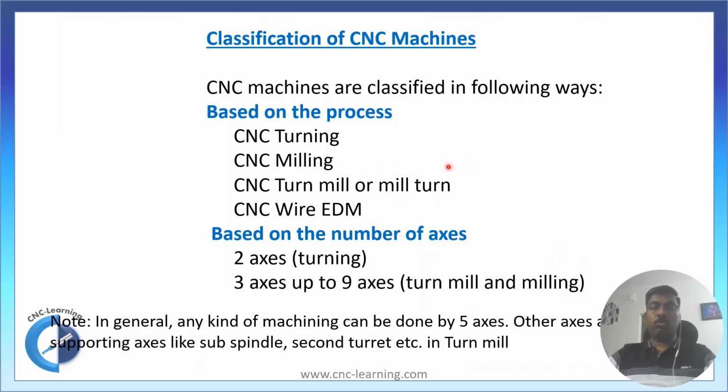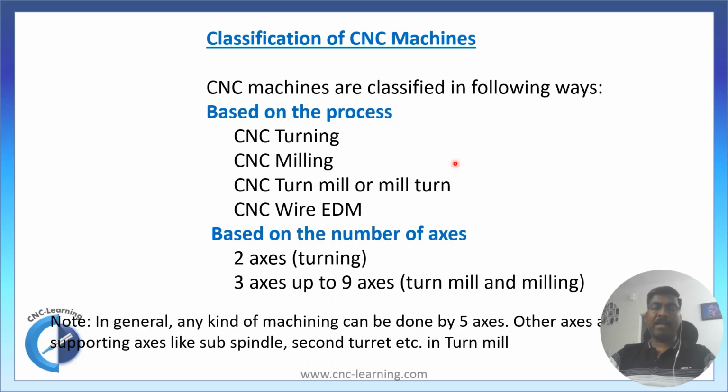We'll see how CNC machines are classified. It can be classified in two different ways. One is based on the process, another one is based on the number of axes. Based on process, it is classified as CNC turning, milling, turn mill or mill turn, and wire EDM.